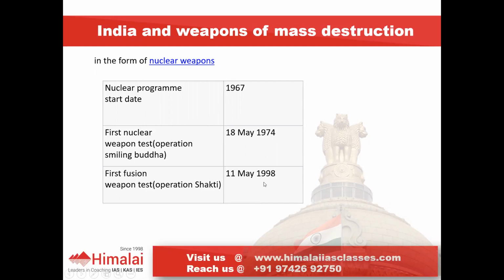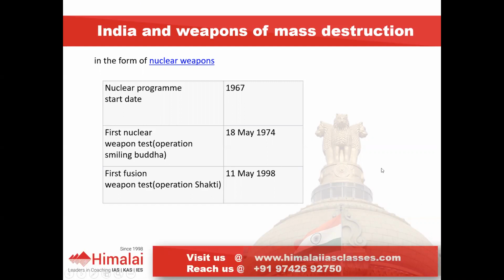When we conducted the nuclear test in 1998, the entire world was shocked, and in retaliation the USA as well as Japan put sanctions on us. However, later these sanctions were lifted. The US lifted the sanctions, and with the US we signed a civil nuclear deal in 2005. With Japan also we have signed a civil nuclear deal.